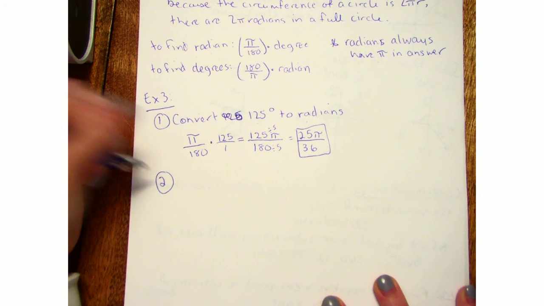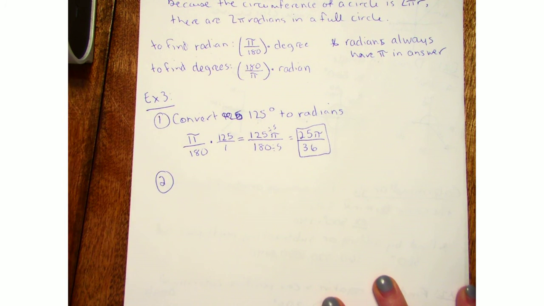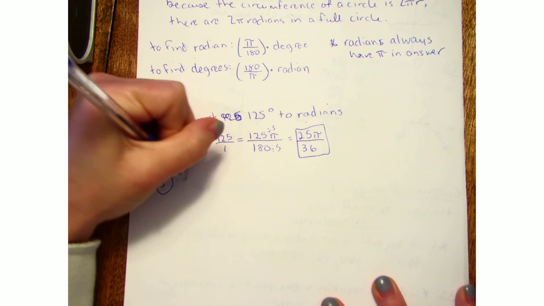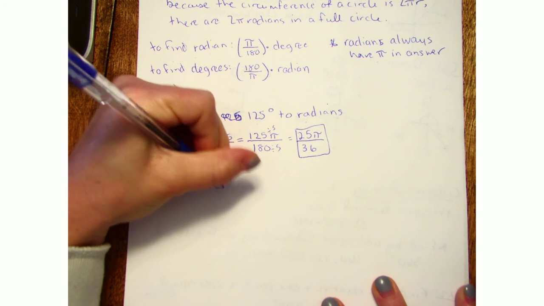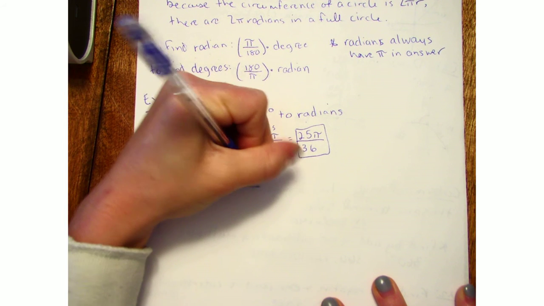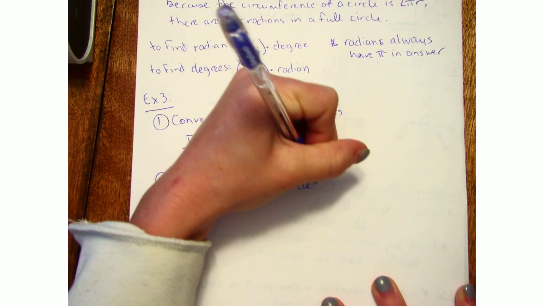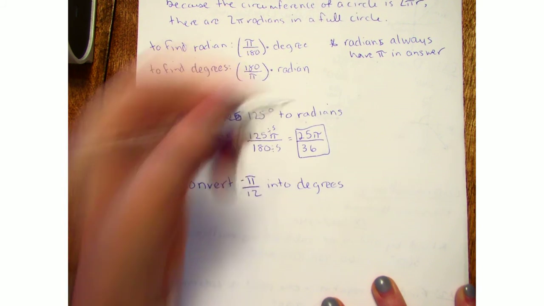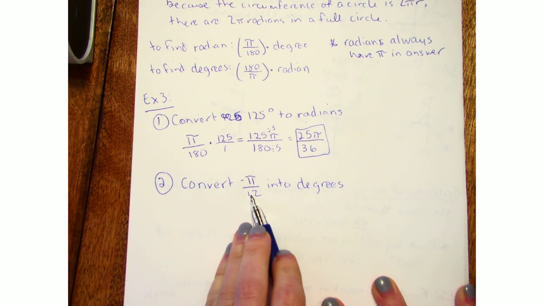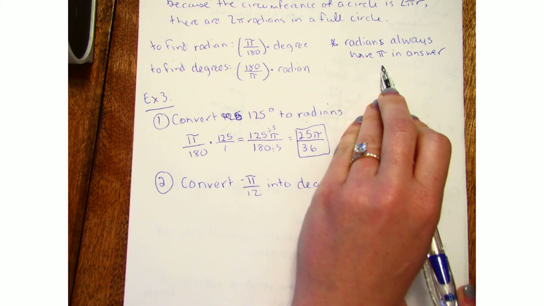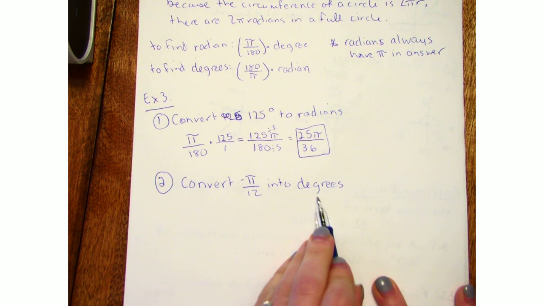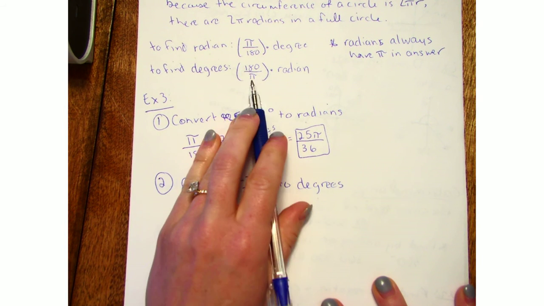So then, example 2, you guessed it, we're probably going to be finding degrees. So convert negative pi over 12 into degrees. Again, pi over 12 means that's a radian answer because it has pi in the answer. Into degrees, well, we want to find degrees, so now we flip it.